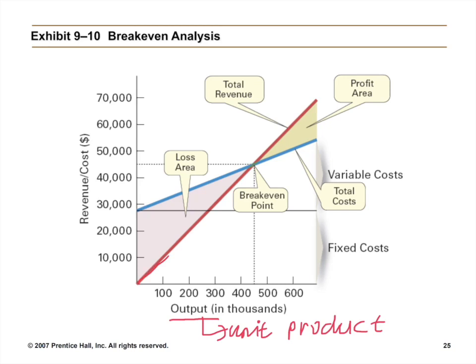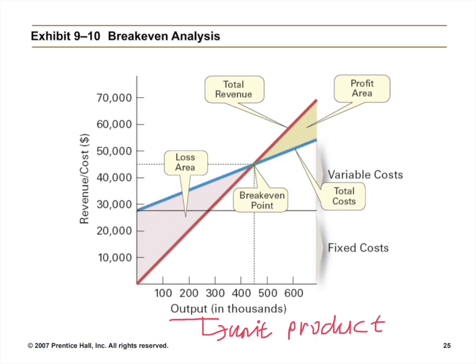The red line is revenue, and the blue line is the total cost.